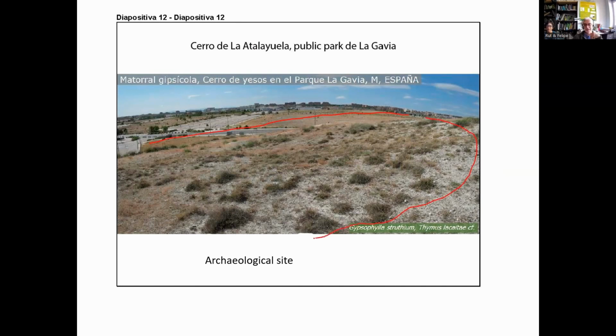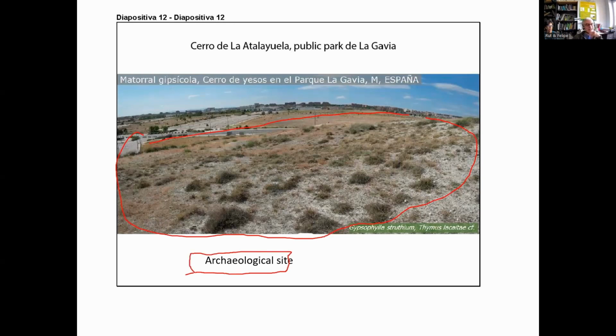This vegetation is quite amazing because it's a gypsum substrate vegetation, very difficult to find in natural conditions, and you can find it here in the city of Madrid because this vegetation type is growing in an archaeological site.